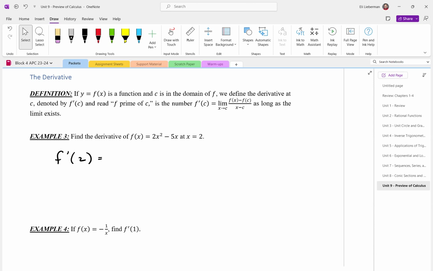Ready or not? Brandon, can you help us with this, please? So f prime of 2 equals the limit as x approaches 2. So far, so good. And then from there, I'm a little lost.